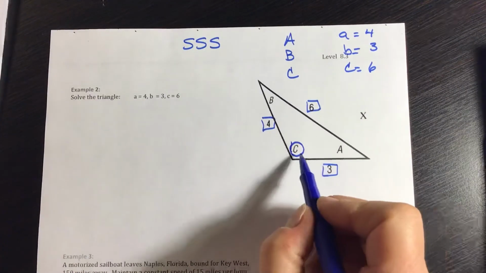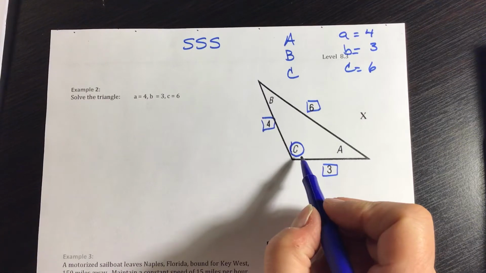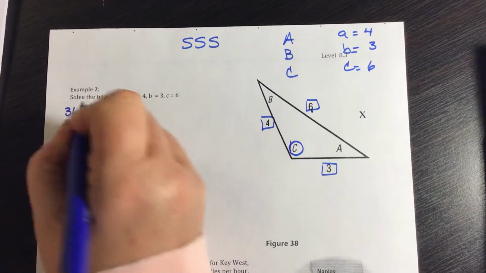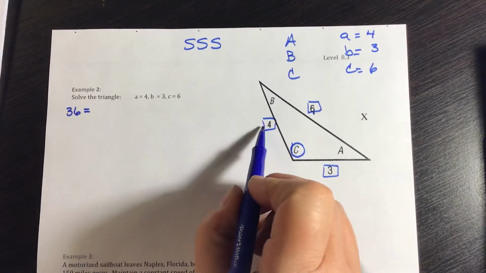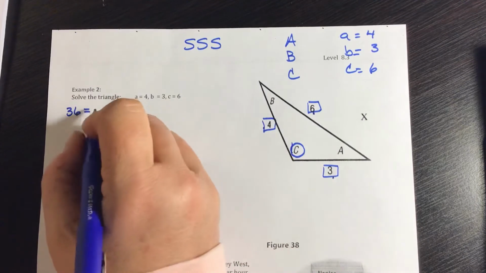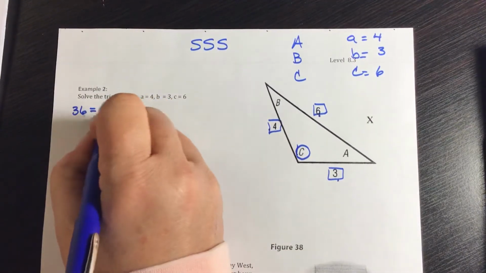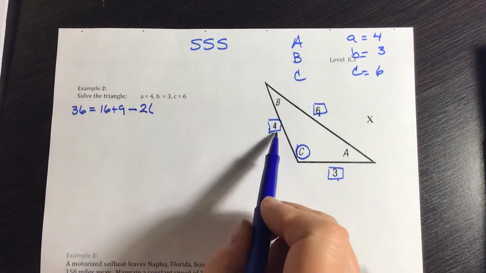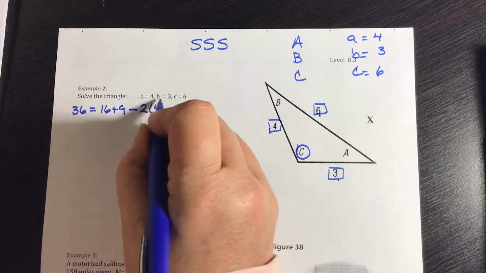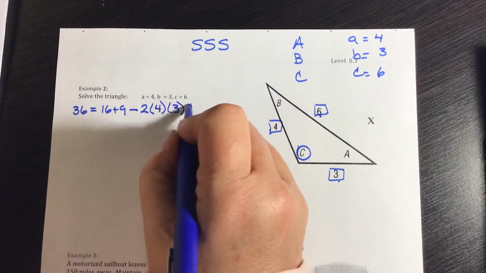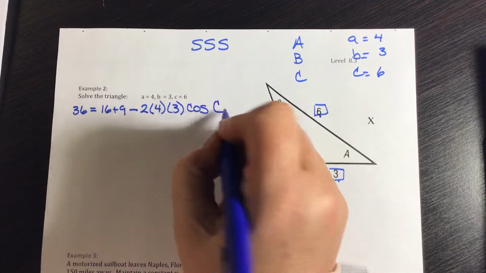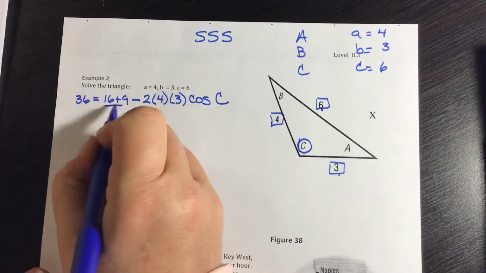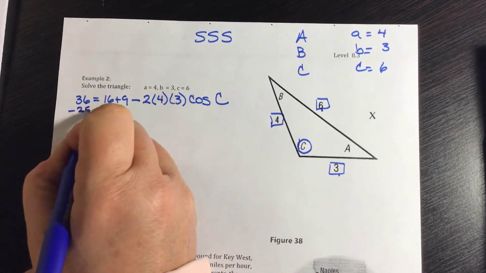If I'm going to find angle C, I'm going to start with C squared, which is 36, equals A squared, which is 16, plus B squared, which is 9, minus 2 times A, which is 4, times 3, times cosine of angle C. All right, so I know this is 25, so I'm going to subtract 25 on both sides.